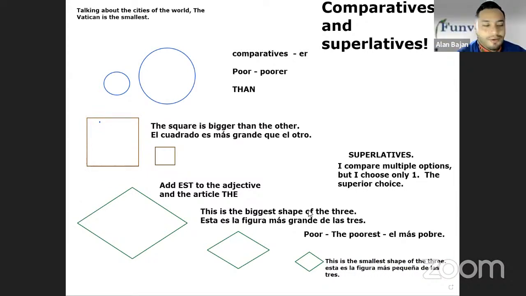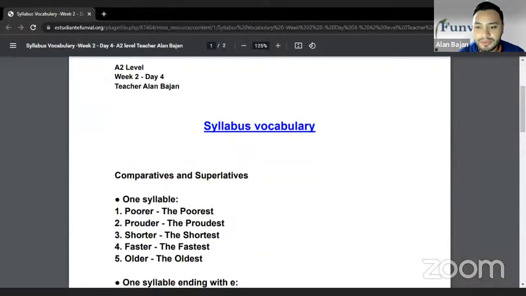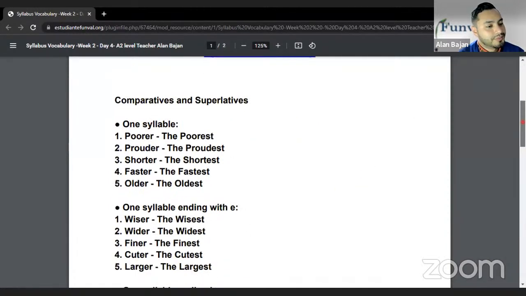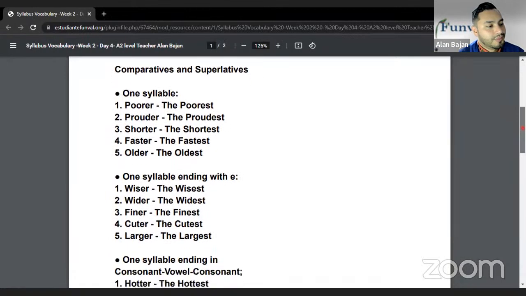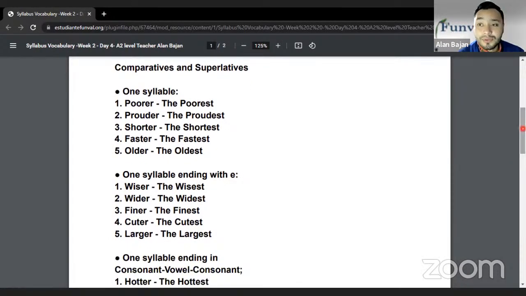So let's go to the syllabus vocabulary and we will learn some rules because we have different kinds of adjectives. First rule.